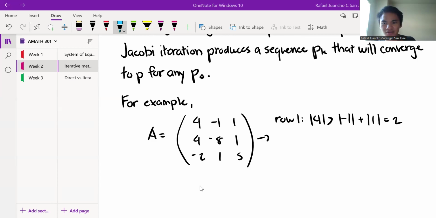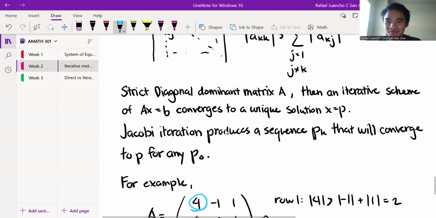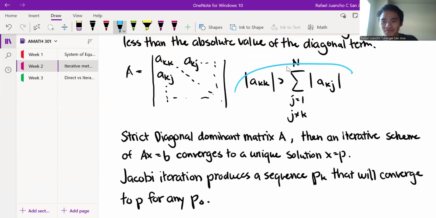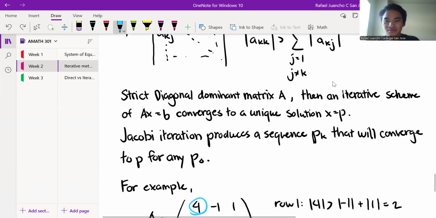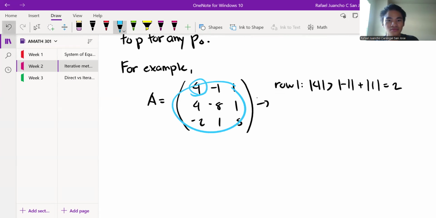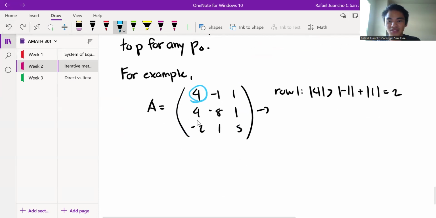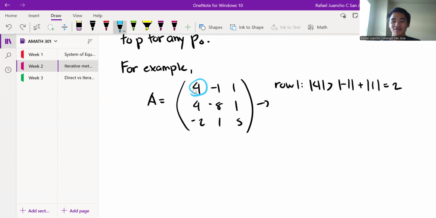Now we're actually looking at the theory that we just made. So this element, 4, is diagonally dominant, and we're saying that the absolute value of this is greater than the sum of the off-diagonal values.